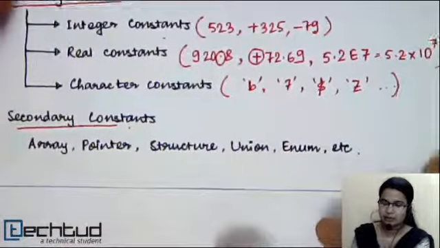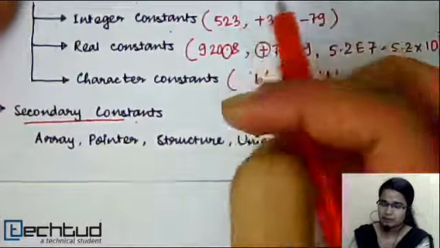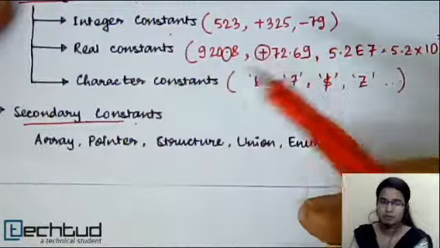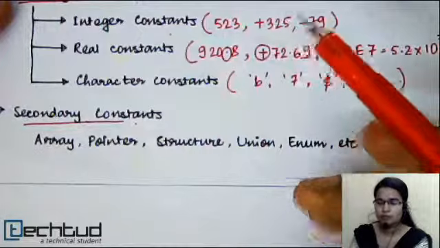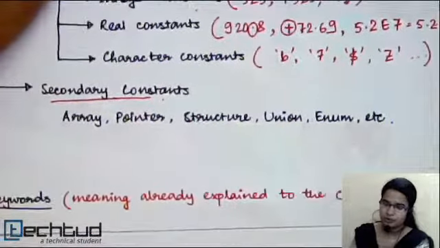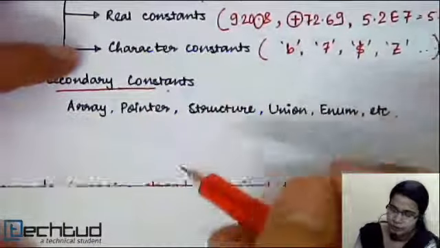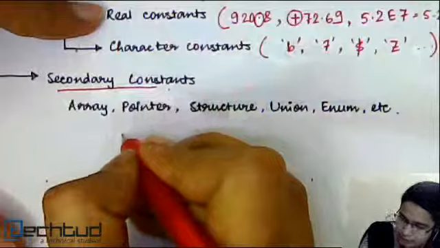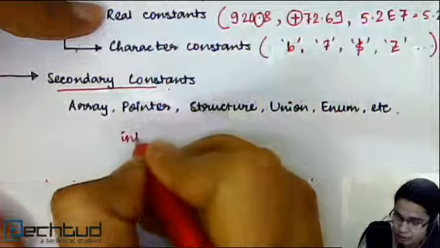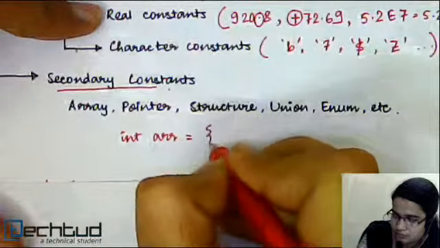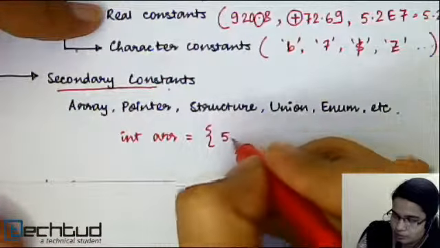Now what is secondary constant? When these basic constants, integer, real or character constants, are taken together to form a second level of constant, like an array constant. What is an array constant? When you initialize an array, maybe an integer array, how do you do that?